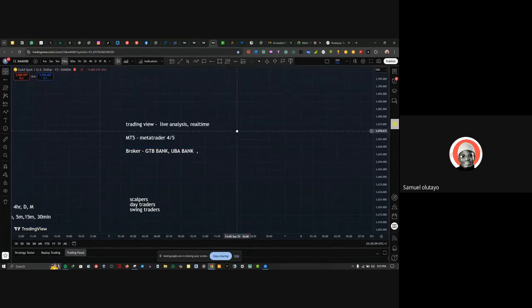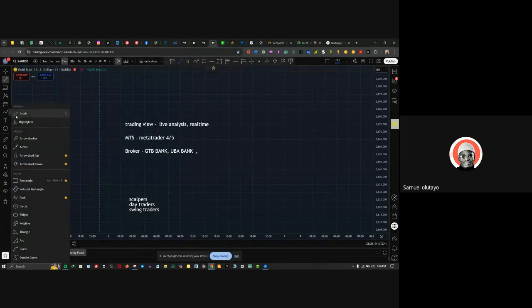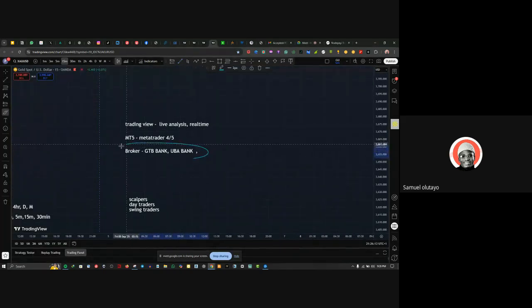So if I want to deposit $100 now, so say I have $100 to trade the Forex market, who am I going to deposit it with? I'm going to deposit it with the broker. So I'm going to deposit my $100 with the broker, right?